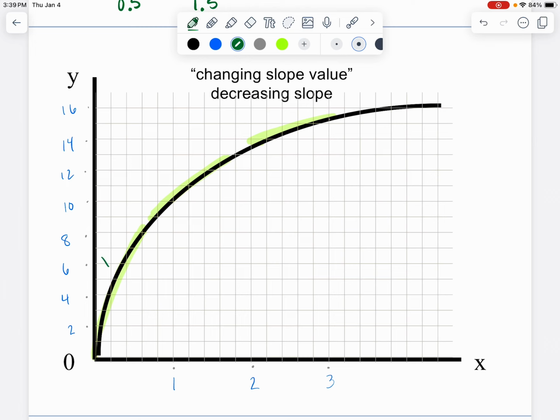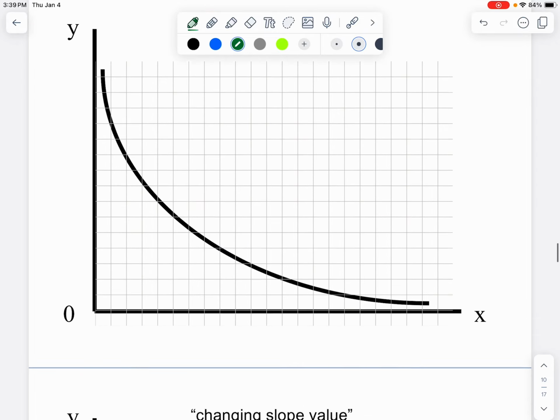What we're going to find is that this part of the graph has a slope value of 10. This next segment has a slope value of 3.5, and then here we have a slope value of 1.5. So simple information, I need you to know that it's changing, not a constant slope. Make it a little bit more detailed in your response there and tell me specifically the slope value decreases.